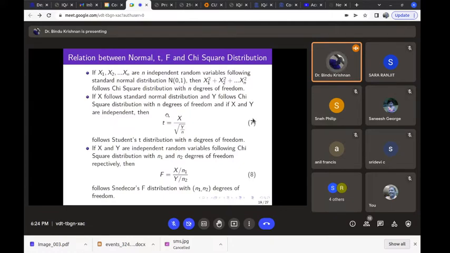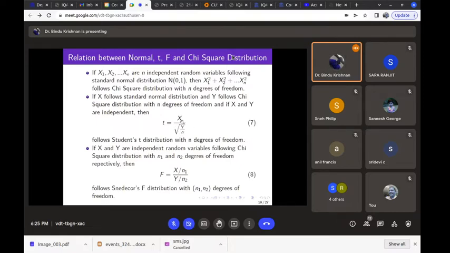Similarly, what is the relation between the normal distribution and the t distribution? The t-test we studied, same t. Yesterday I tried to explain this expression when someone asked me about that n minus 1. If x is a standard normal variate and y is a chi-square variate, then we take the ratio of those two, but to normalize we take the denominator as y by n.